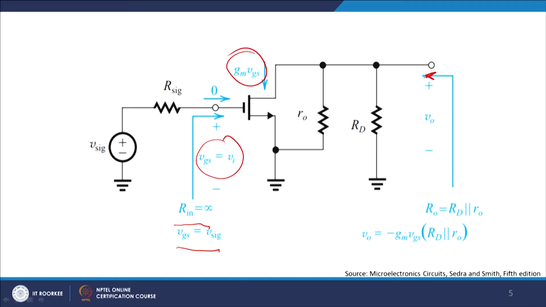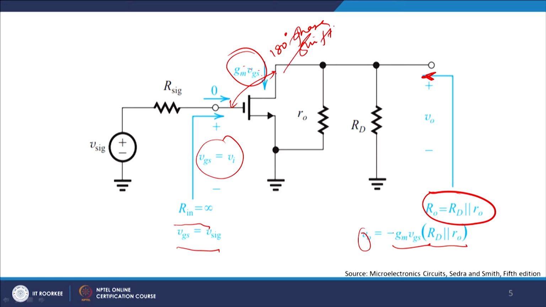The output voltage is GM VGS multiplied by RO, because current multiplied by output impedance is the output voltage. Therefore you get GM times VGS multiplied by RD parallel to RO equals VO, with a negative sign because between the gate and drain of a MOS device you will always have a 180 degree phase shift, and that is perfectly plausible.